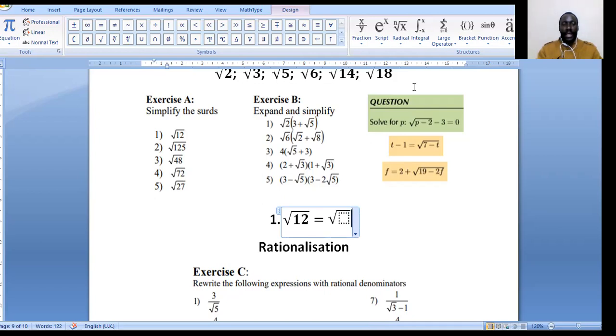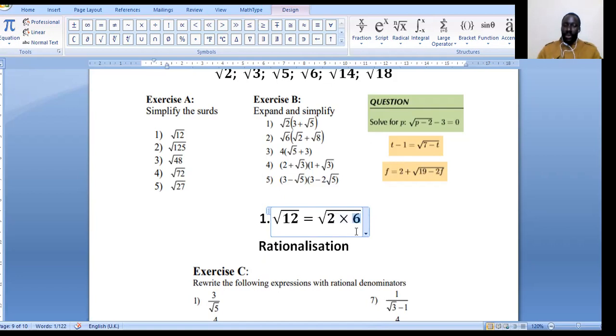Now, the deal here is you have to look for two numbers, and one of them must be a perfect square. For example, when we put 2 times 6, we get 12, which is what we had initially. But the problem is none of these two numbers, 2 and 6, has a square root.